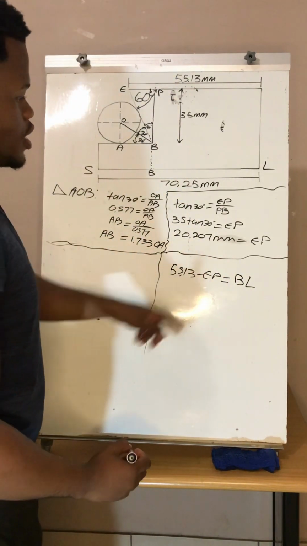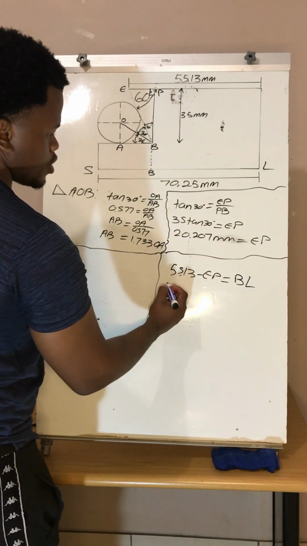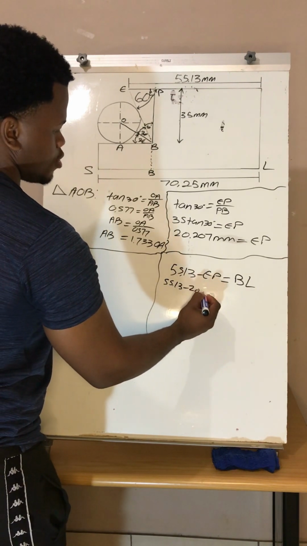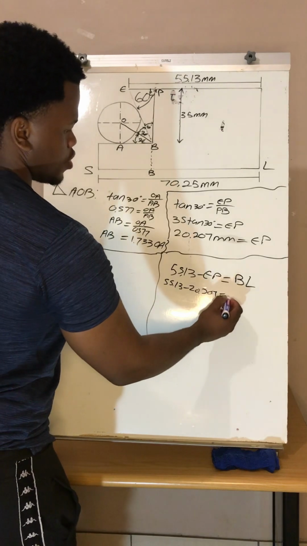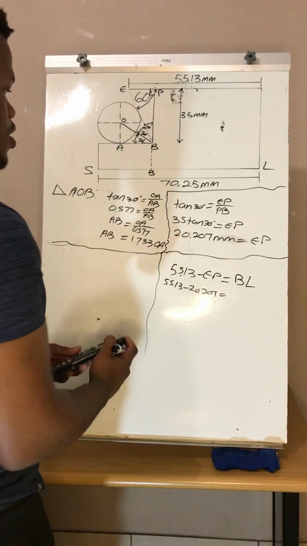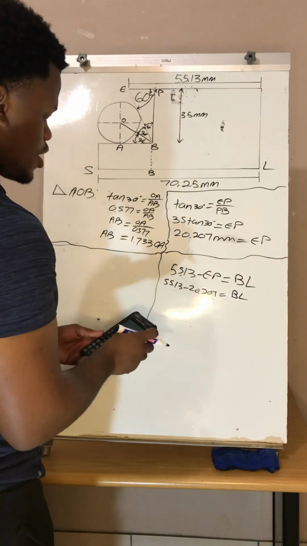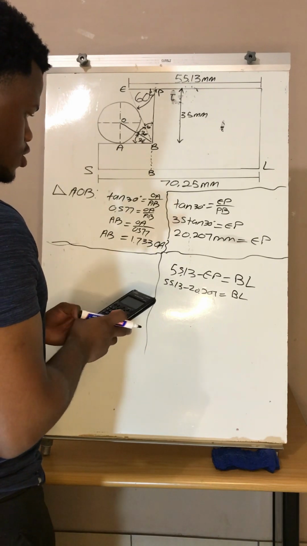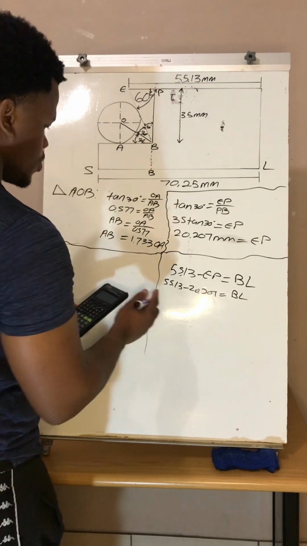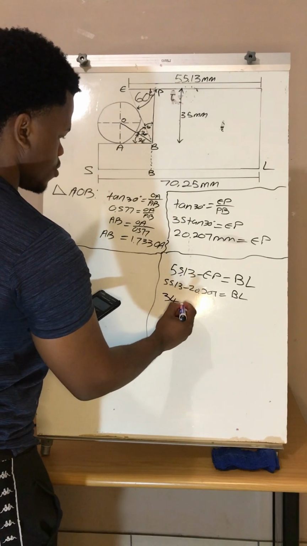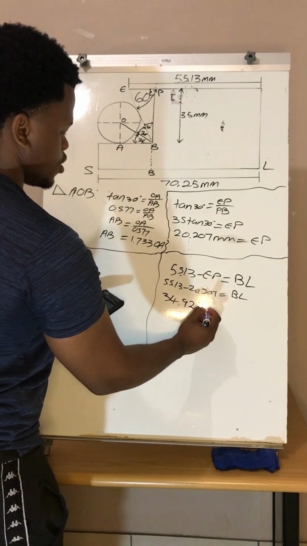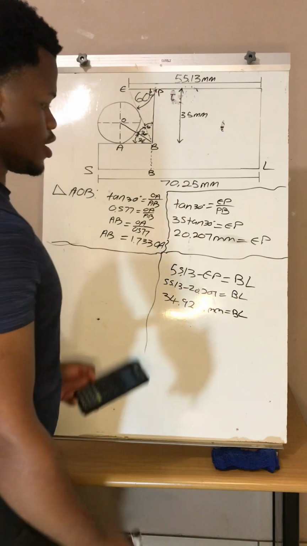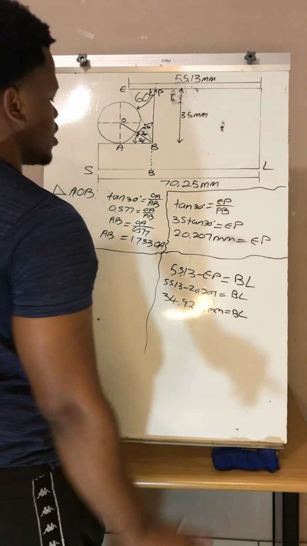We know that EP is 20.207, so 55.13 minus 20.207 will give us 34.923 millimeters, which is equal to BL. Okay, so we found our BL.